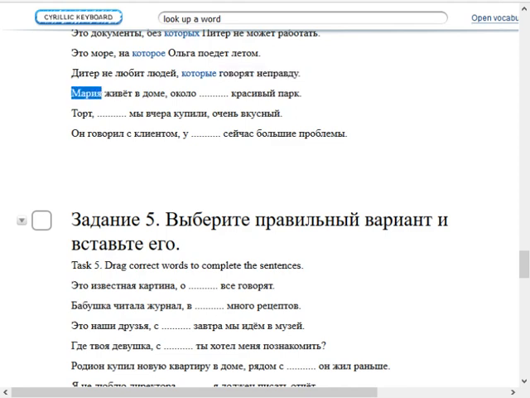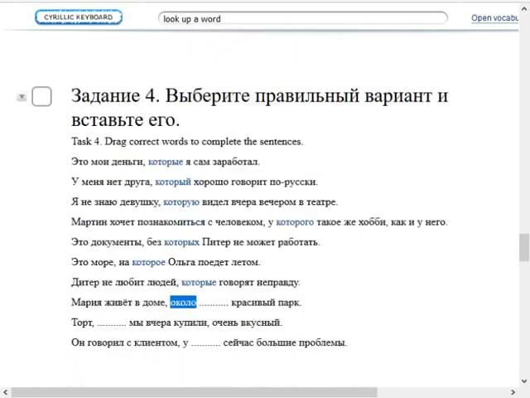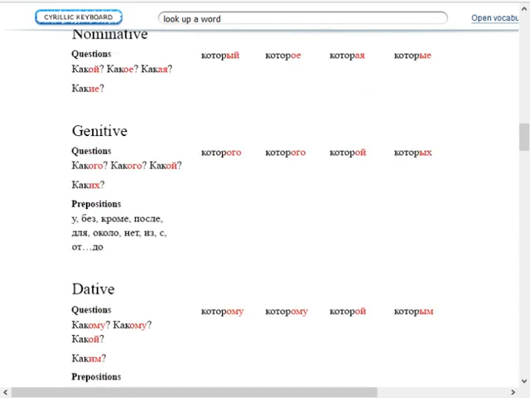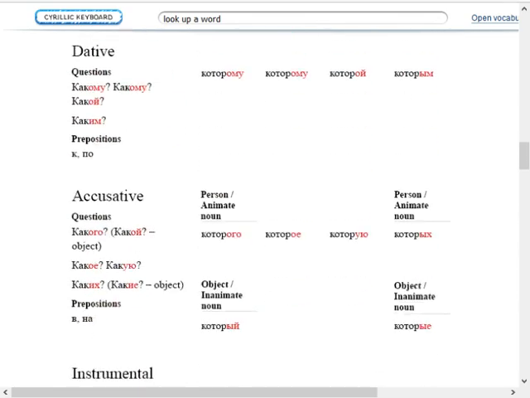Okay, moving on. Maria живет в доме. Maria lives in a house около которого красивый парк. So Maria lives in a house near which is a beautiful park. Около, this preposition, what case does it invoke? Looks like genitive, because it appears here under genitive.